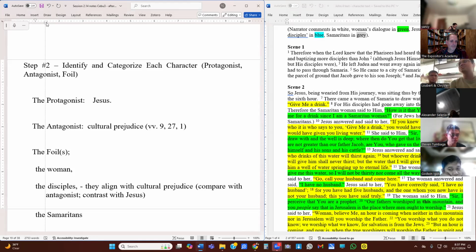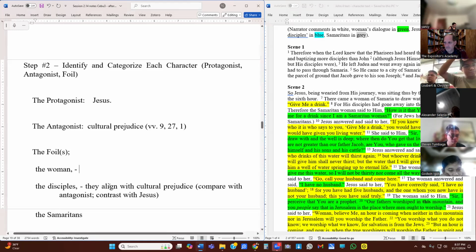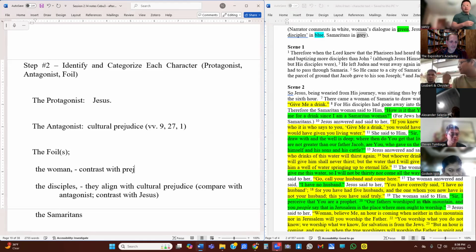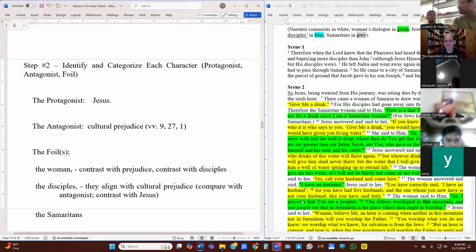So how about the woman? Might she be a foil of some sort? She might contrast with the prejudice, and I think she contrasts in this case with the disciples. Because what does she do when she finds out Jesus is the Messiah? She runs back and tells her fellow villagers. But the disciples didn't.